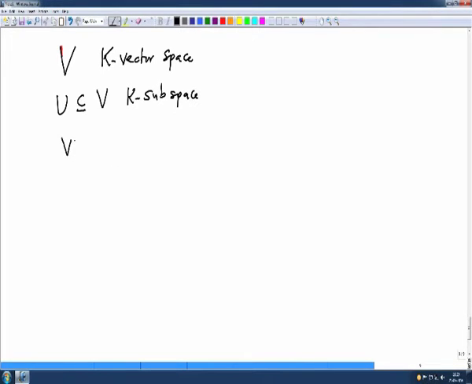I denote V/U, the quotient set. The elements of this are precisely the cosets of U as an additive subgroup of V, that is x + U, and this x + U I will write as x bar.